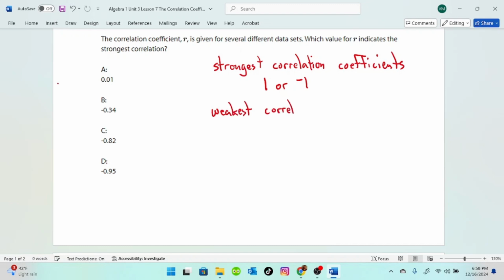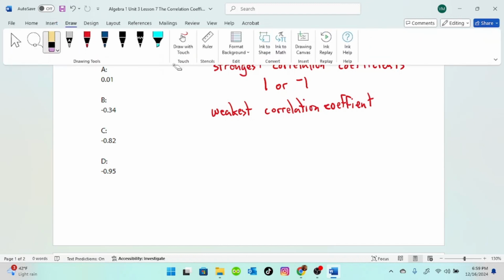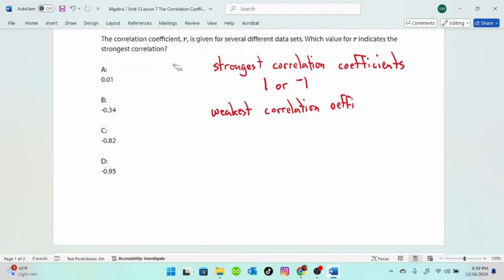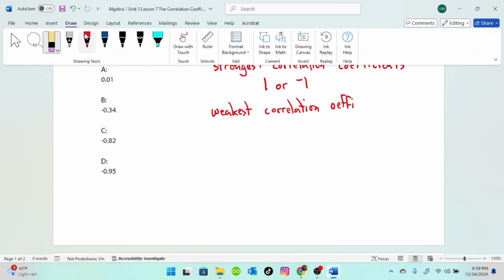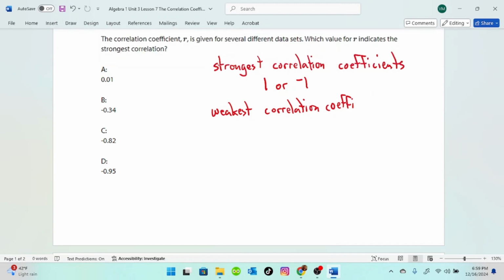Weakest correlation coefficient is 0. So if they want the strongest correlation, then we need to be as close to +1 or -1 as we can get.